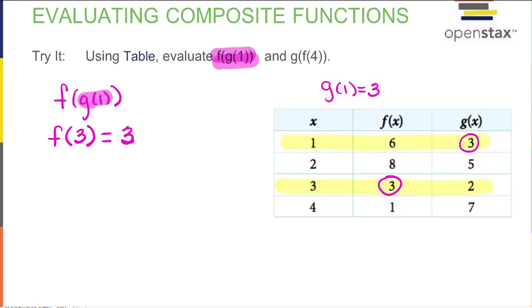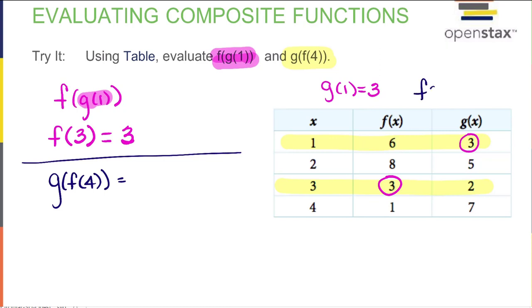Okay, so now you pause the video and find g of f of 4. Okay, so now we're going to find g of f of 4. We need to start by finding f of 4.